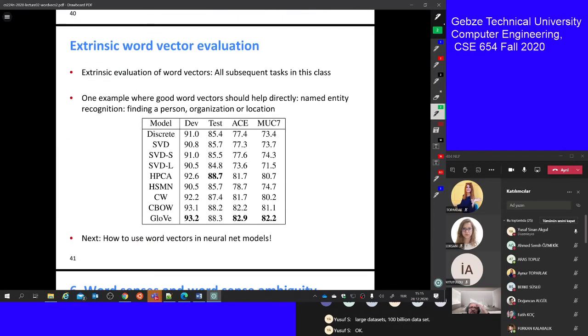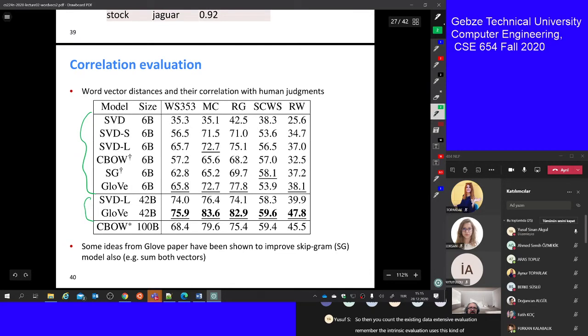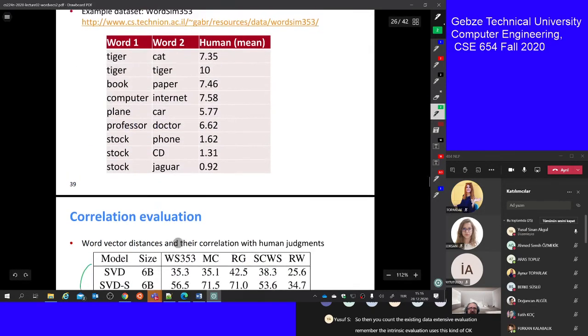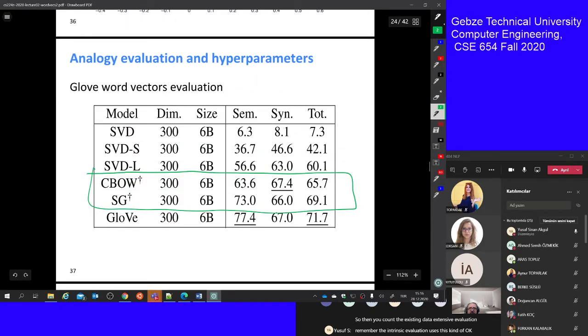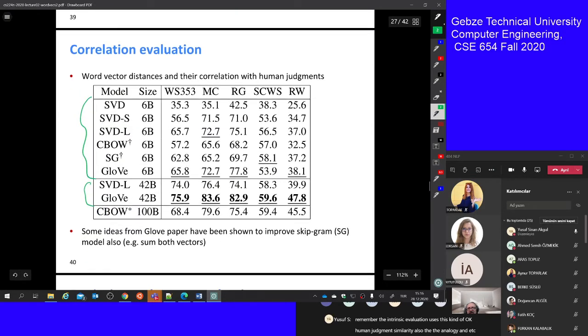So when you come to extrinsic evaluation, remember the intrinsic evaluation uses human judgment similarity, also the analogy, etc. These are all applications that use the word vectors only, and they are sub-applications.